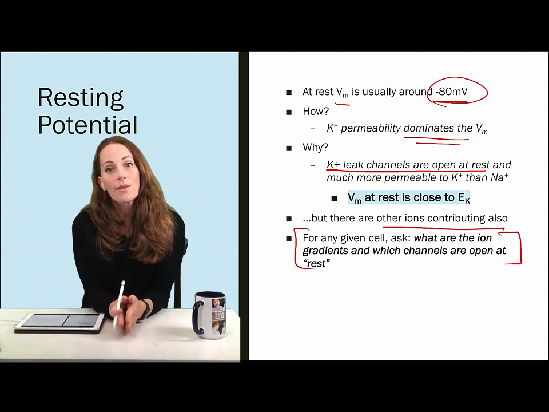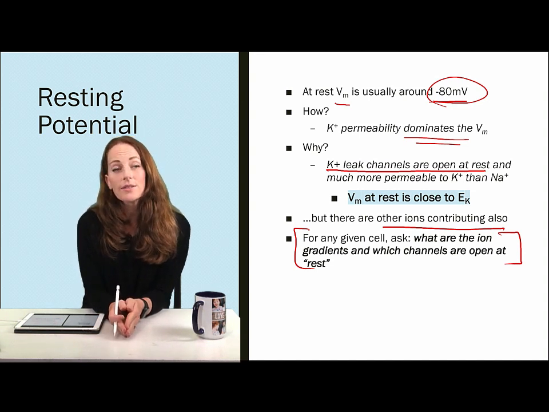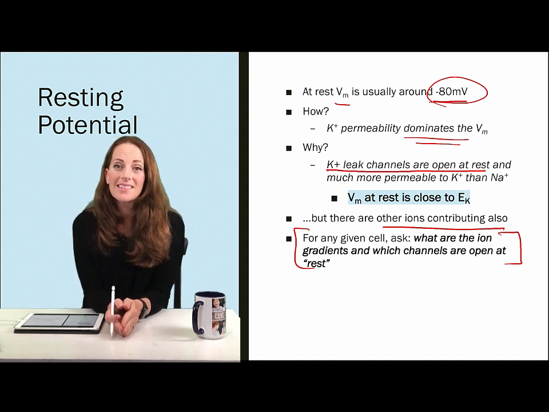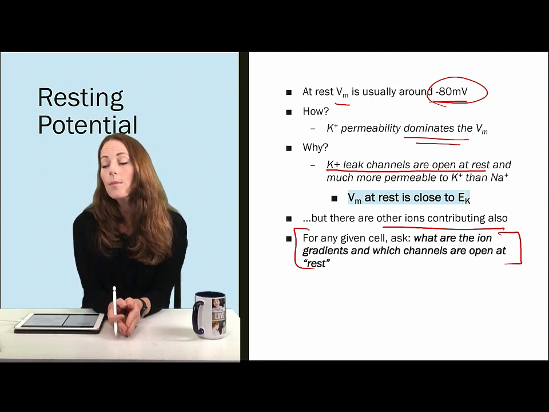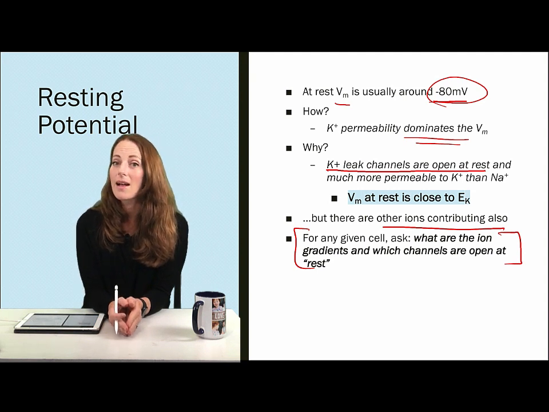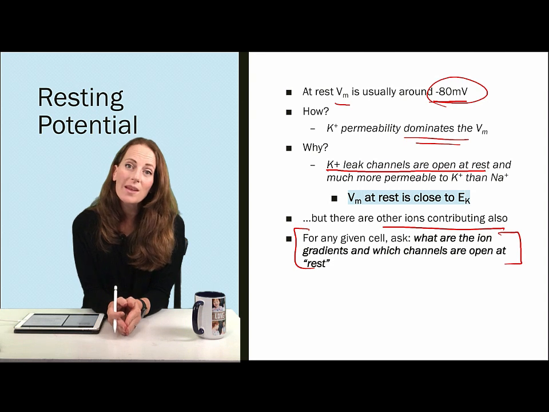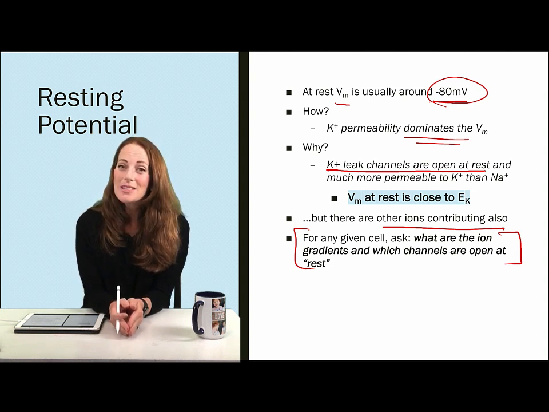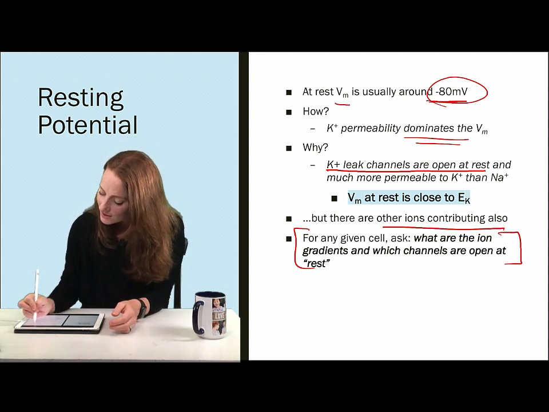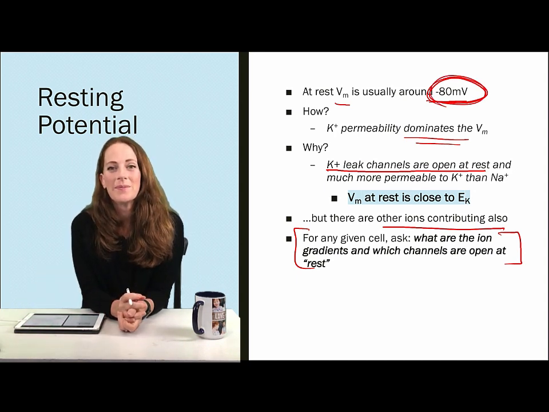So if we want to know the resting potential for any given cell, we will ask first, what are the ion gradients at rest? And second, how permeable is the membrane to that particular ion at rest? That is, which channels are present and are they open at rest? Ultimately, this will give us our calculation of resting membrane potential.